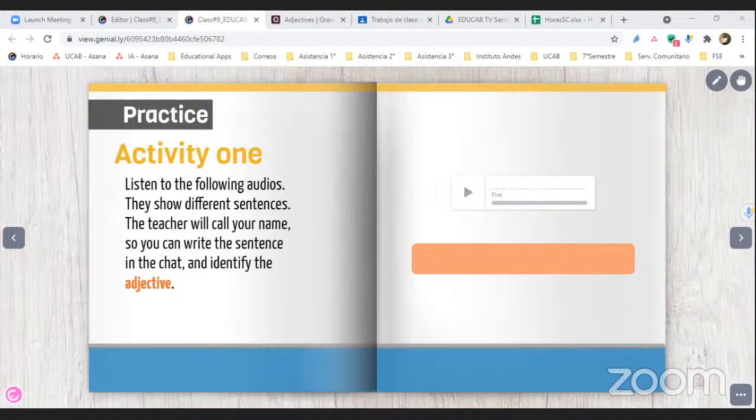Okay, so Amanda is wearing a delicate shirt today. So Opnil, maybe you can help us through the chat, writing the sentence. Let's see, I think Opnil just went out of the class.